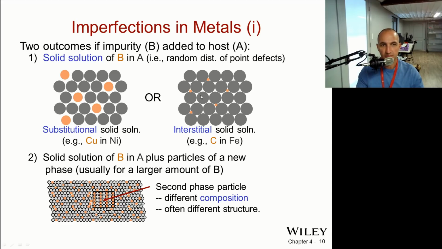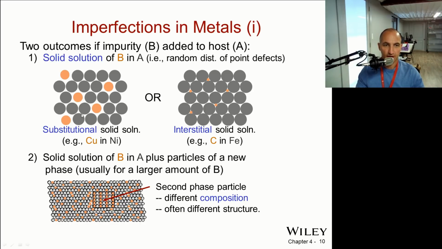There are two outcomes if impurity B is added to host A. The gray atoms are host, and B atoms are the impurity. The impurity has a lower concentration, and gray is higher concentration.